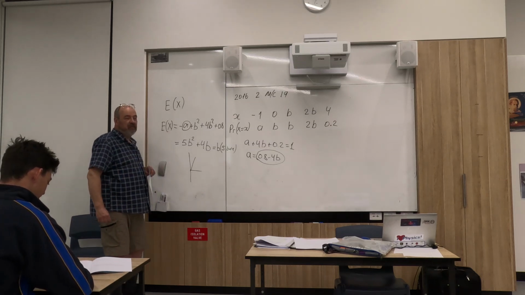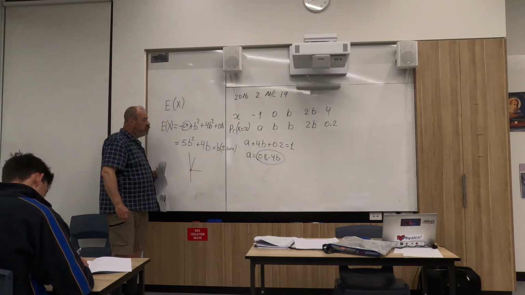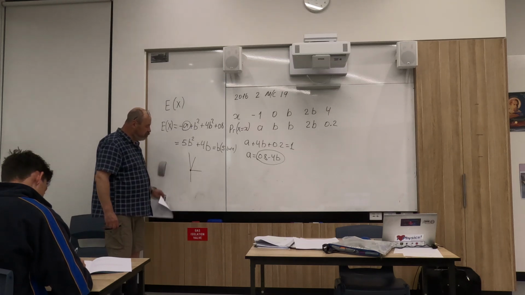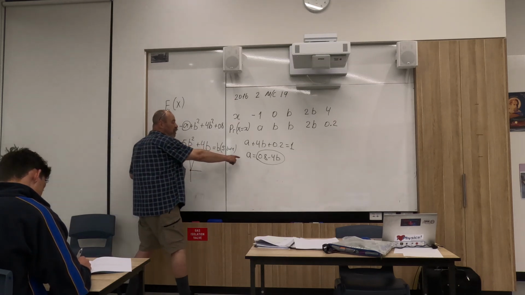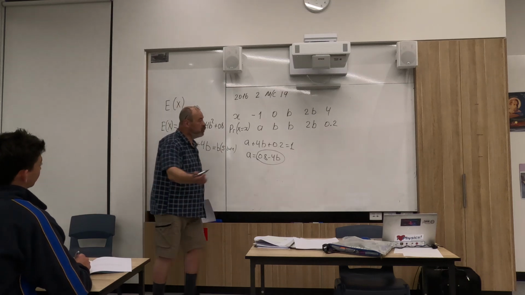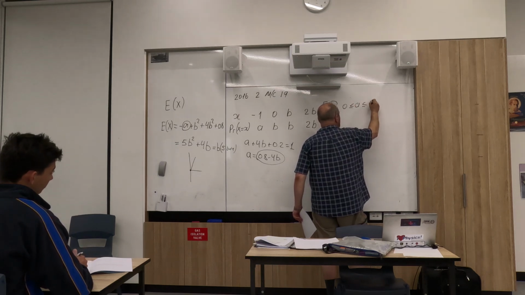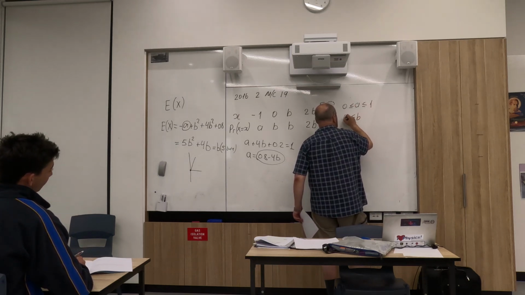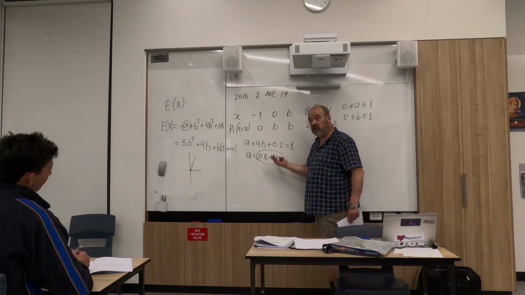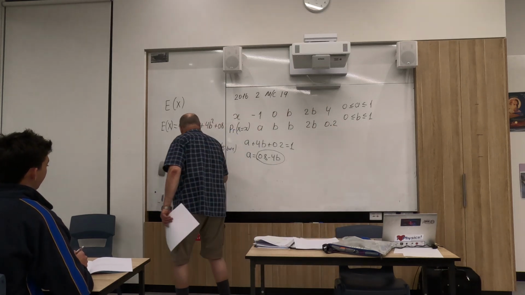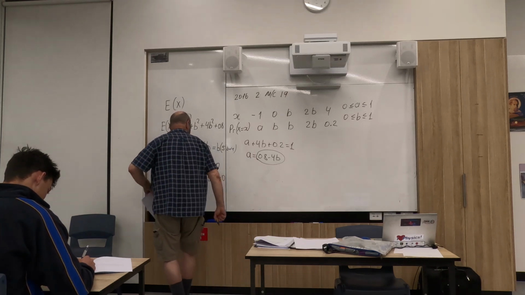So the smallest value is when B equals 0. A has to be between 0 and 1, and B has to be between 0 and 1. So B can be 0, A is 0.8, so it's valid. If B equals 0, we get an expected value of 0.